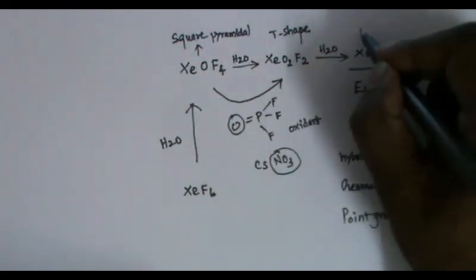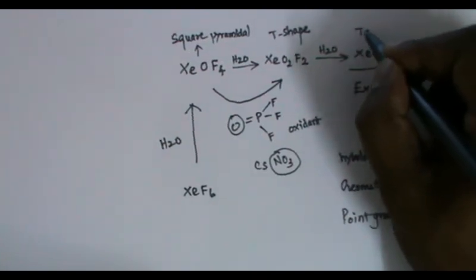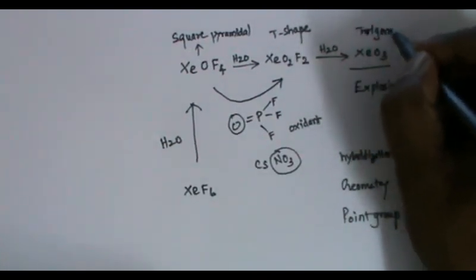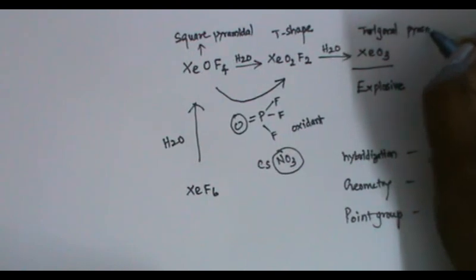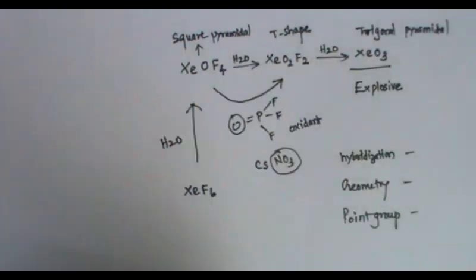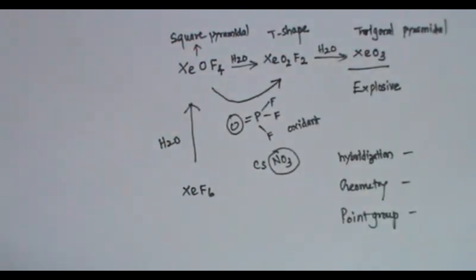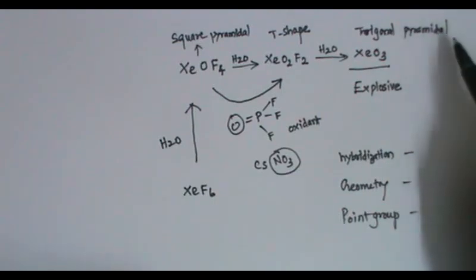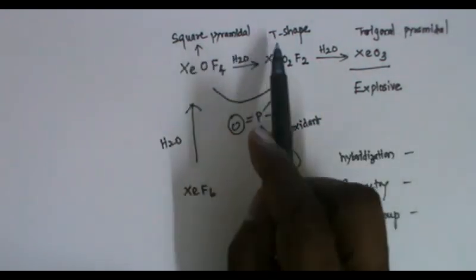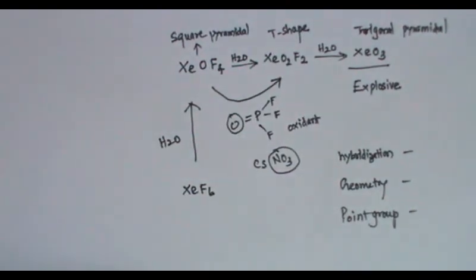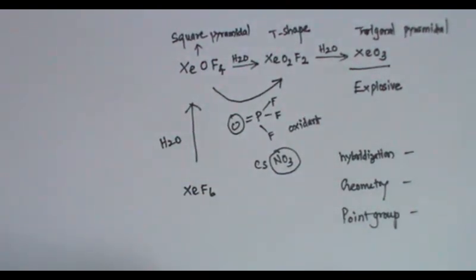What about this? This will be trigonal pyramidal. So it will be somewhat easy to predict the point group based on this. This will be C3v, C4v, this C2v. Hybridization you can calculate easily. Try to practice.